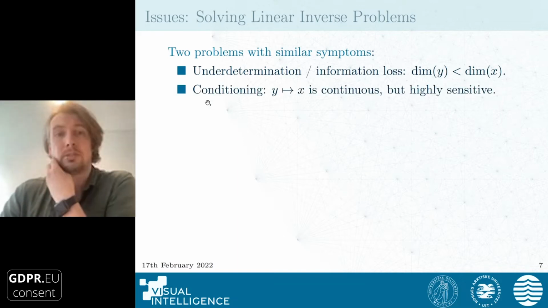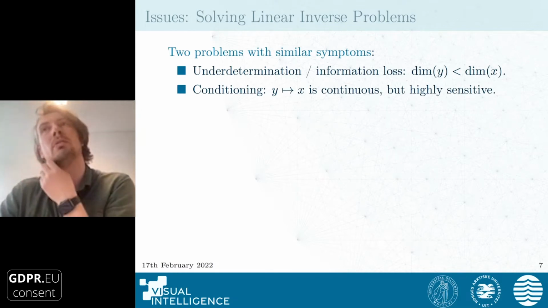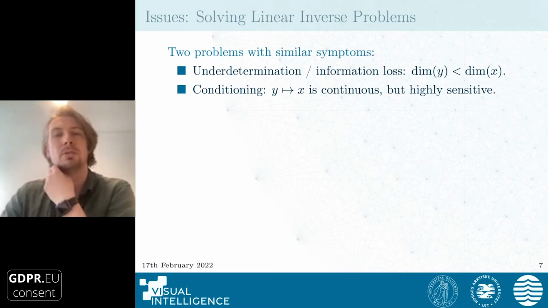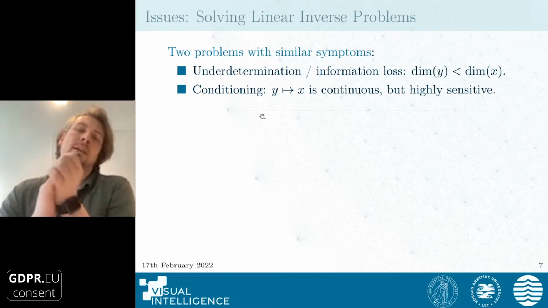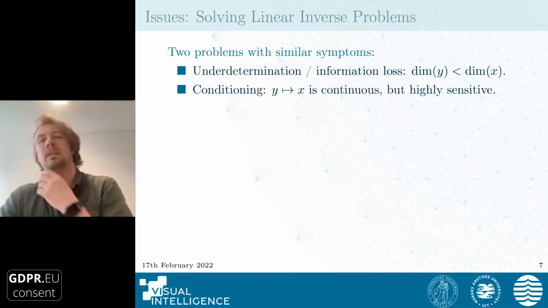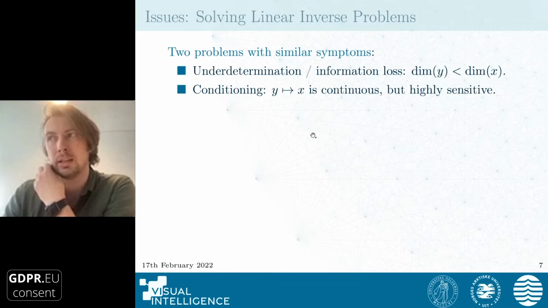In addition, we have this problem of conditioning. Given that we have a stable inverse problem, meaning that there is a continuous map between the inputs and outputs, it doesn't mean that the solution is stable in a practical way. Meaning that the mapping can be highly sensitive to the differences in the measurements.